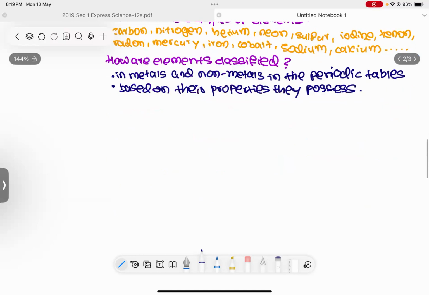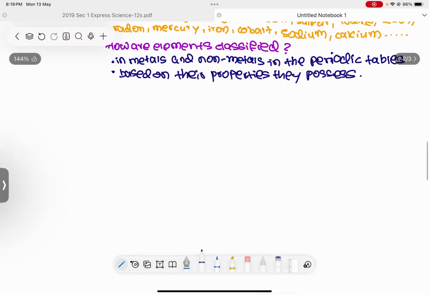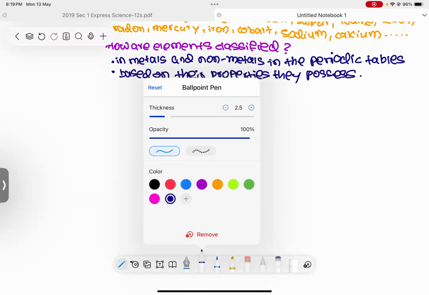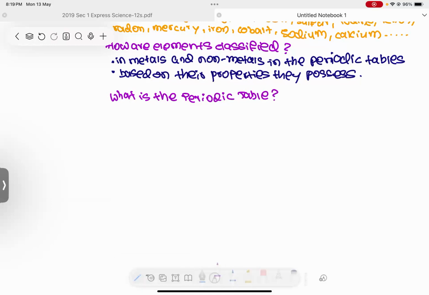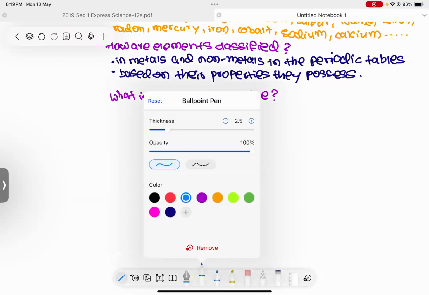Okay, so what is the periodic table? All of us know the name of the periodic table, but what exactly is the periodic table?